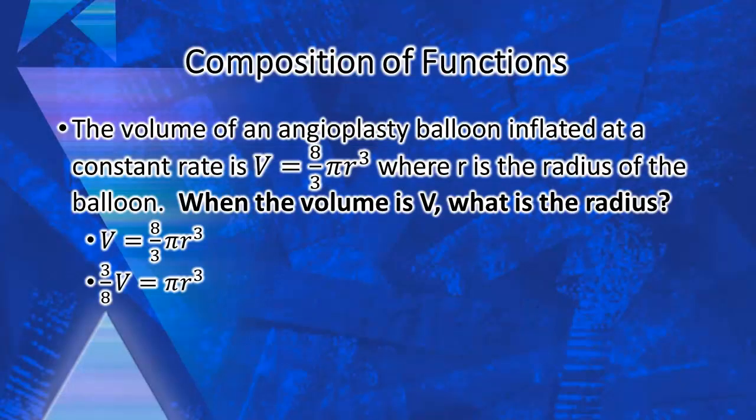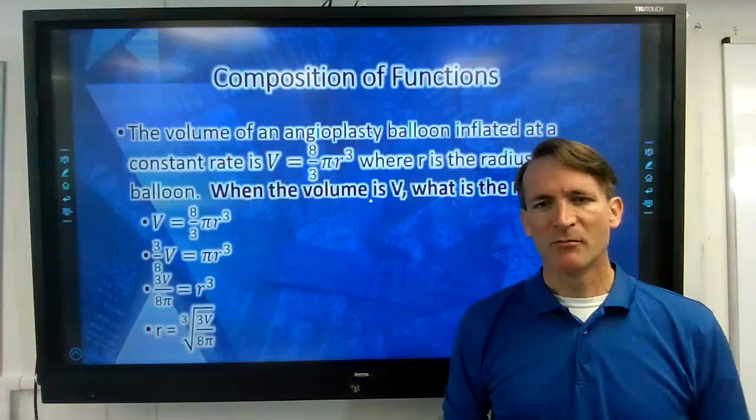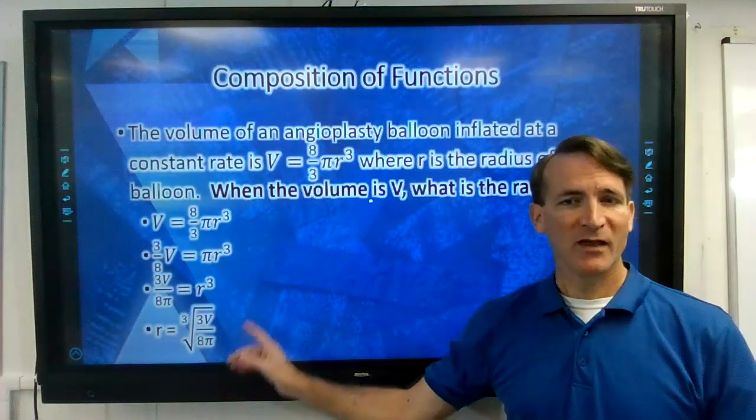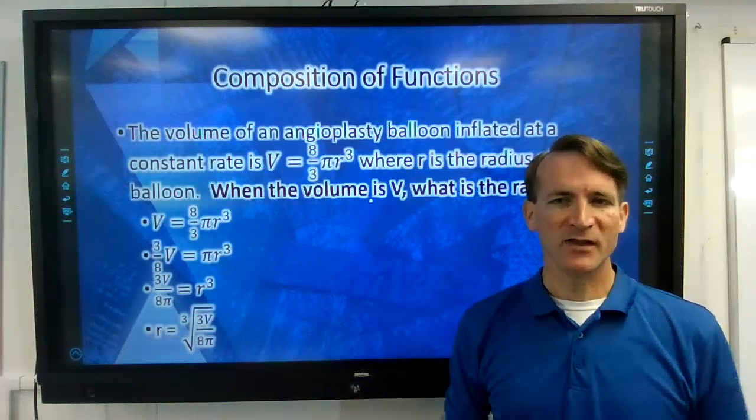That would give me 3/8 V is equal to pi r cubed. If I divide both sides by pi, and then take the cube root of both sides, I can solve for r. So r is equal to the cube root of 3V over 8 pi. Now we could rationalize that and do some other things, but generally speaking, when we have something that's a little bit more complicated, such as this answer, we're just going to leave it in that form.